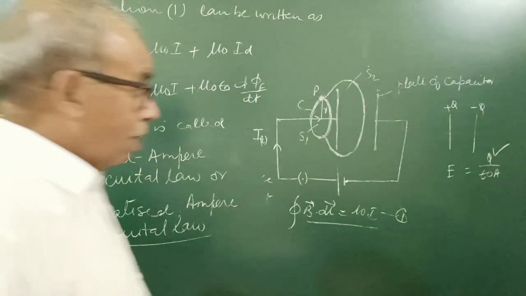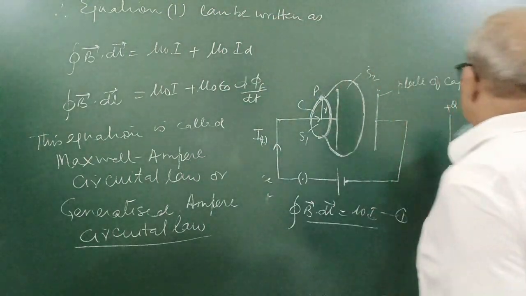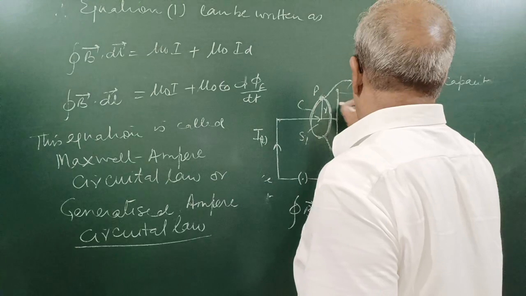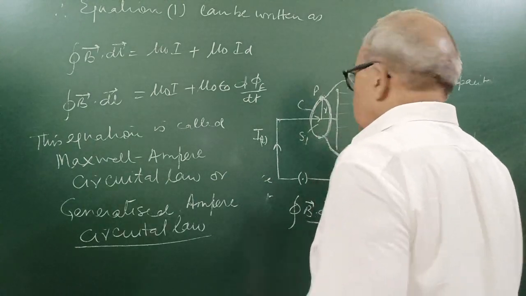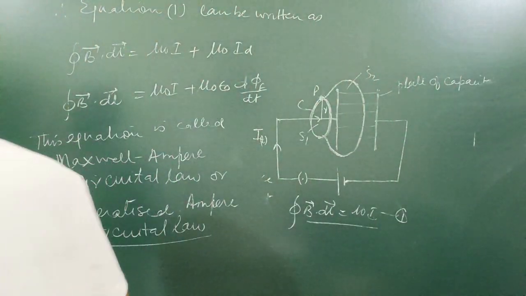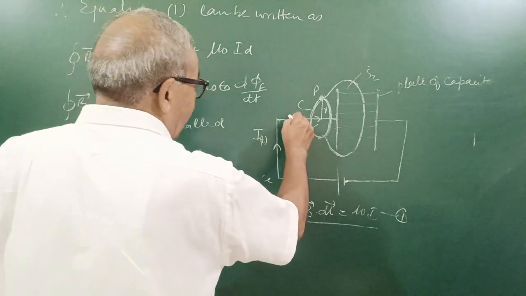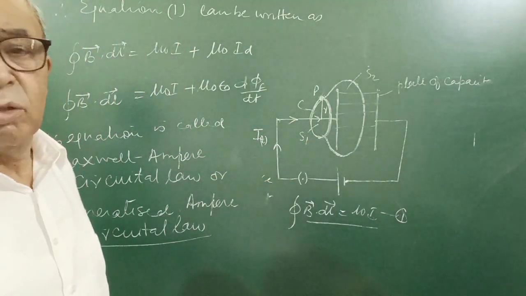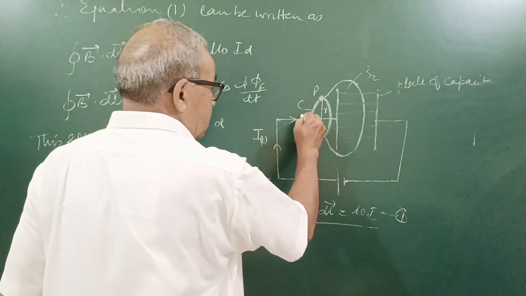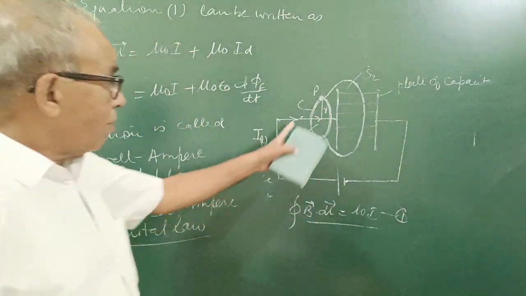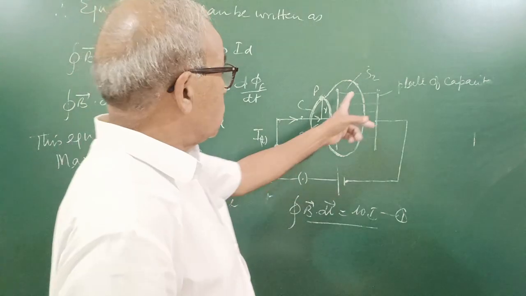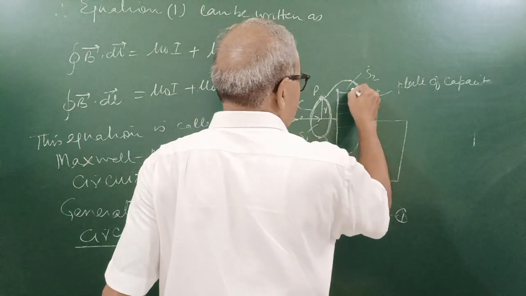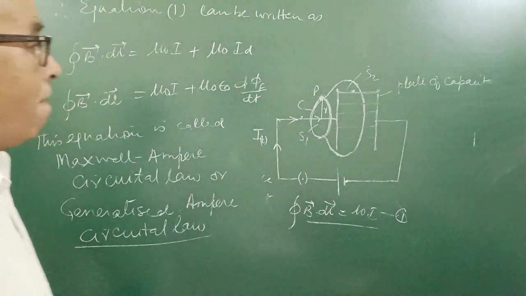So now we come here. This displacement current is distributed over the whole space, while conduction current is confined in the wire. So the magnetic field produced near the wire may be much stronger than the magnetic field of displacement current at the boundary of the capacitor.